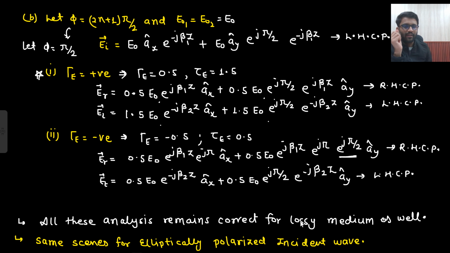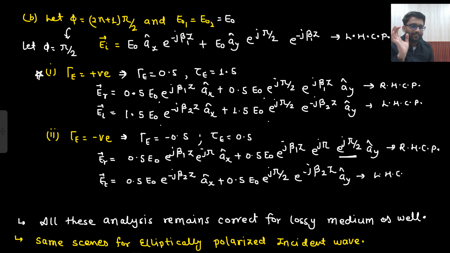Are you getting this point? And one more thing to notice here is that these components are not changing. If these had changed, then instead of circularly polarized, here I would have written elliptically polarized, right? These are remaining the same. So what is the conclusion?